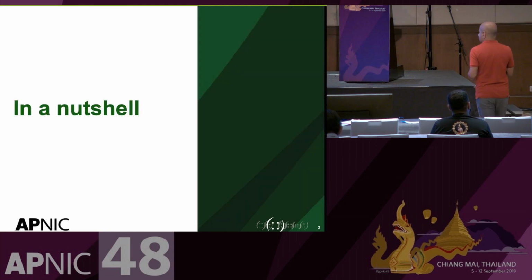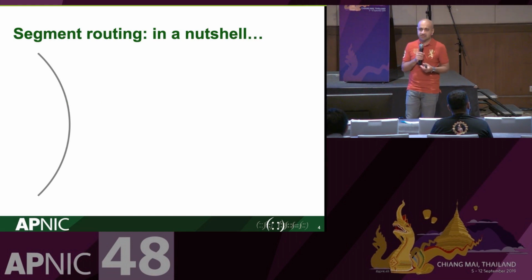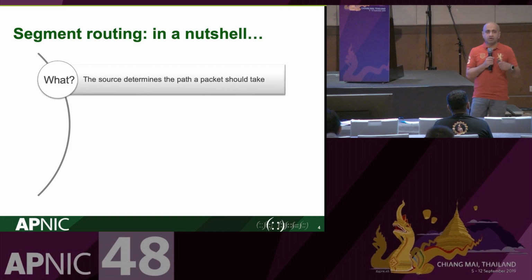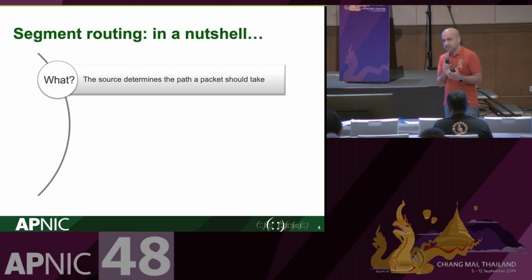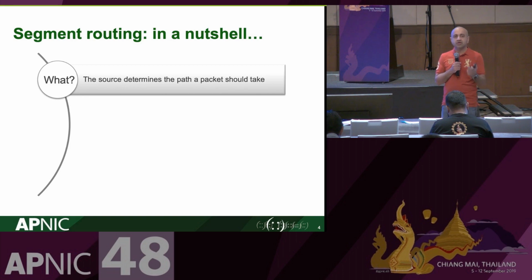Very quickly, what exactly is segment routing? Segment routing is a new paradigm for routing. We know that in IP networks, routing is destination based. You put a destination address on an IP packet, and every router along the way examines that destination, makes a lookup decision on the next hop to send it to, and the next interface to send it over.